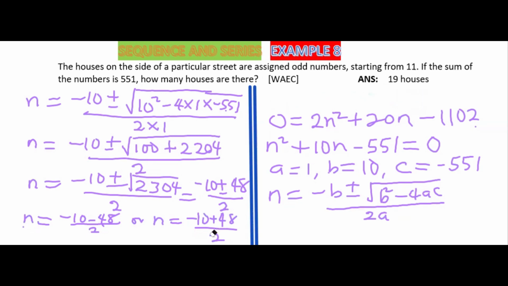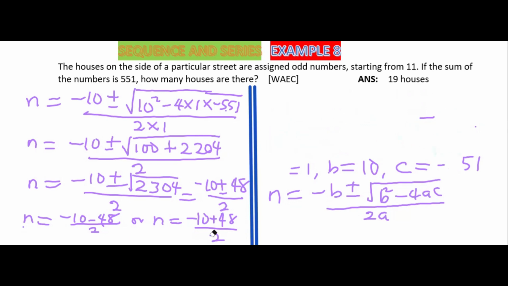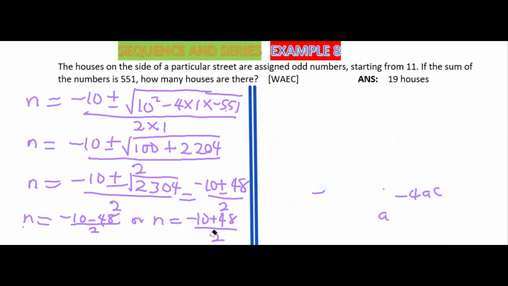And that will further generate, so let me quickly write the meaning here. So that will give us n equals negative 10 plus negative 48. That's negative 58 over 2, or n equals negative 10 plus 48.